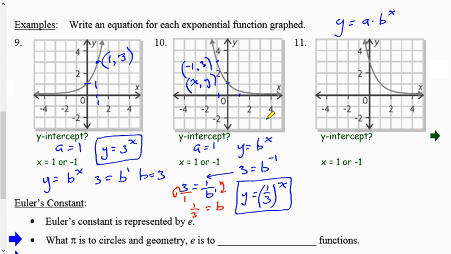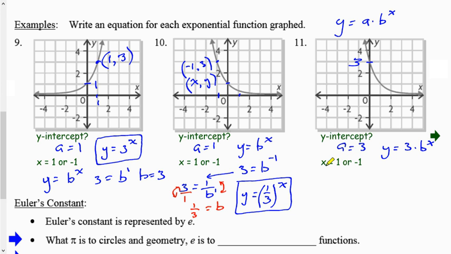Well, hopefully you finished number 11. Again, let's look at y-intercept. Now I'm here at 3. So I know my a value is equal to 3. So my equation will have the form y equals 3 times b to the exponent x. And then I'm going to look at where x is positive 1 or negative 1.